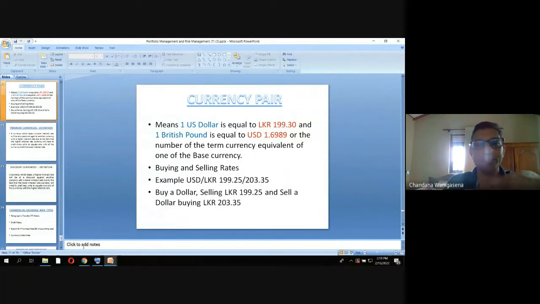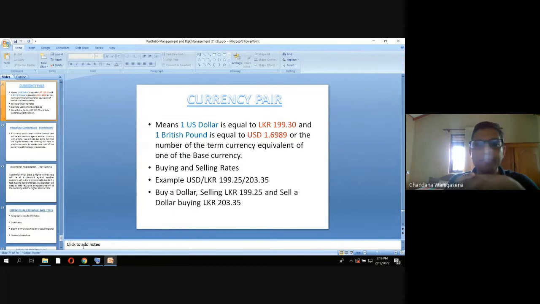One currency pair is US dollar to Sri Lankan rupees, the other is British sterling pound to US dollar. Using these two, we can calculate how many Sri Lankan rupees one sterling pound is worth.